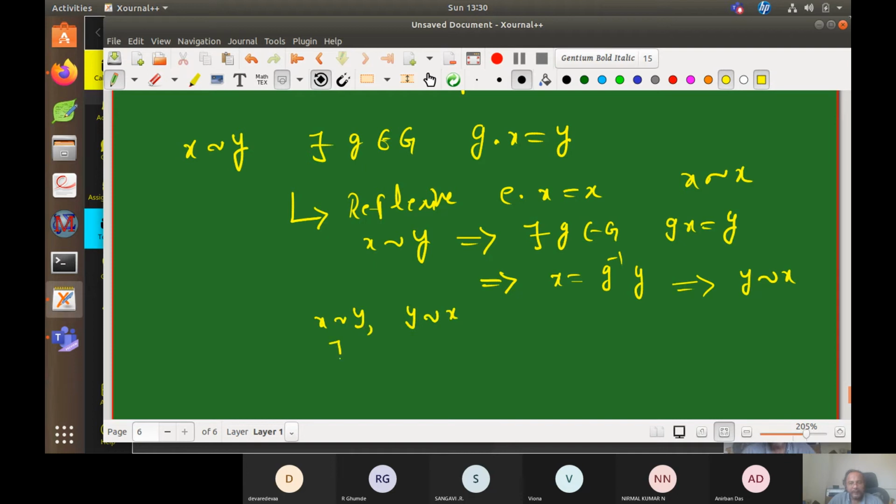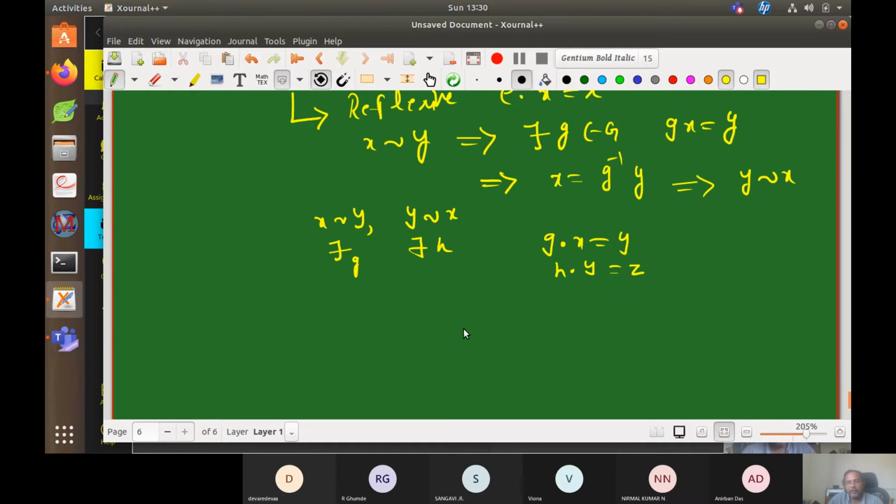Now x is related to y and y is related to z. That means there exists g and h such that g·x equals y and h·y is equal to z. Then h·g·x is equal to z, so hg acting on x equals z.